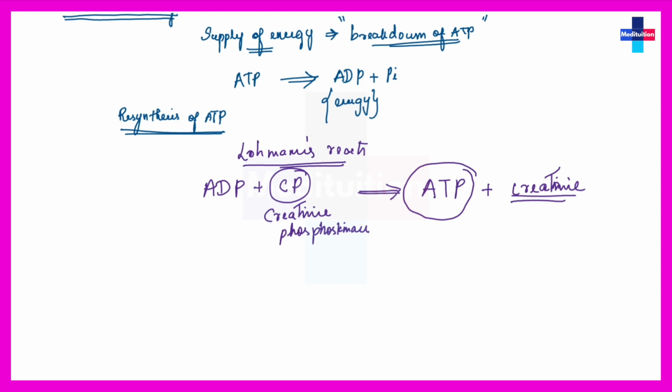Now coming to the resynthesis of ATP. Now our ATP is formed, energy is synthesized. Even we can resynthesize our ATP from carbohydrates as well. Resynthesis of ATP is also done by carbohydrate mechanisms. How? We can do it by the pathway called the glycolysis pathway.